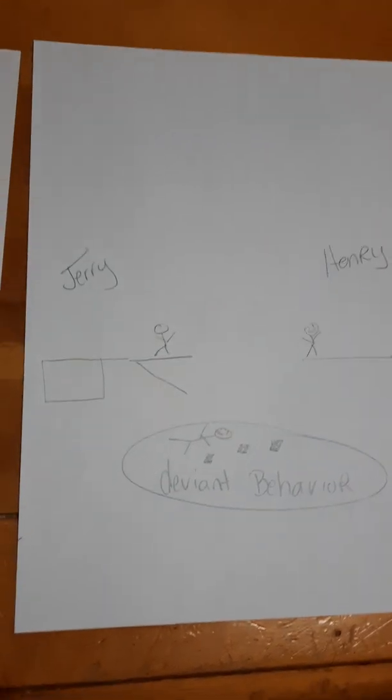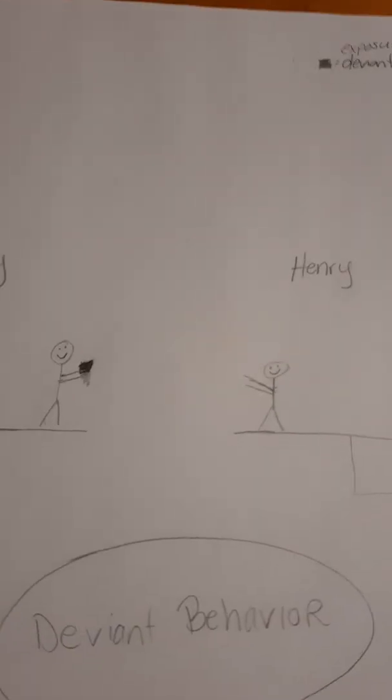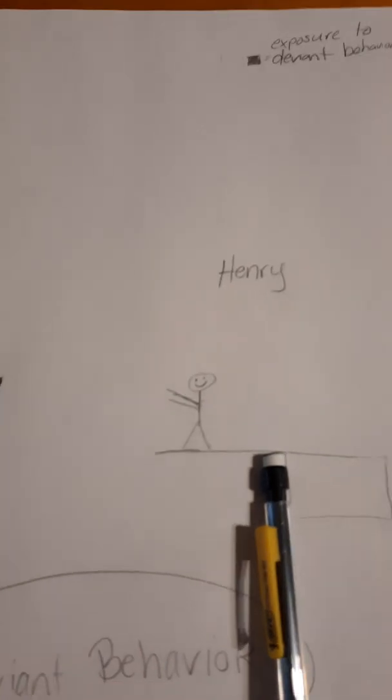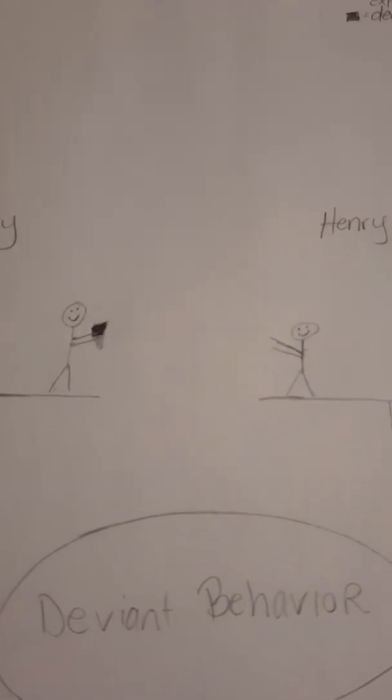So there are things like that that could happen, that the kids are exposed to it, but they find a different path to go on. And then you also have the Henrys, who may never be exposed to deviant behavior, but yet sometimes they might fall into the deviant behavior.